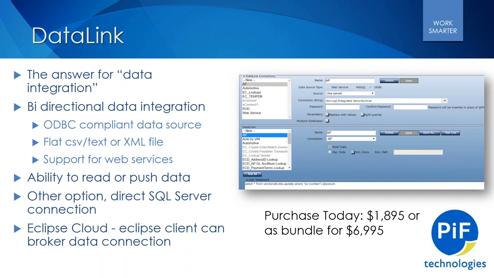Datalink is basically the mechanism for pushing and pulling data. It's a very useful tool, and the most common use is data entry automation. For instance, if you have a proof of delivery process or an AP invoice process and there's one or multiple unique variables, an invoice number, a PO number, an order number, an AR invoice number, the user can either be prompted to enter that information or we can OCR that information, and then it triggers a lookup.